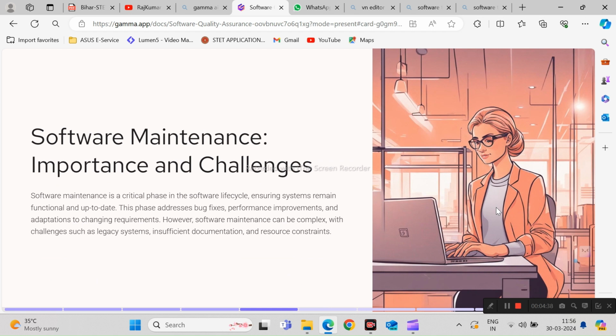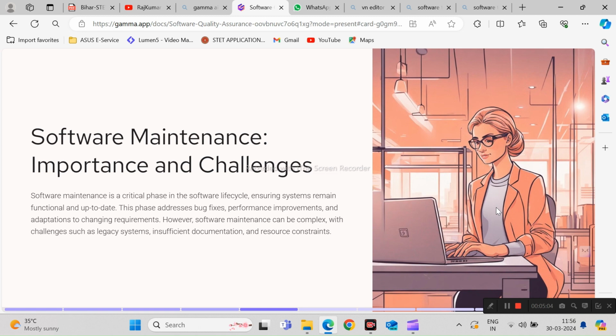Software maintenance is a critical phase in the software lifecycle, ensuring software remains functional and up to date. This phase addresses bug fixes, performance improvements, and adaptation to changing requirements. However, software maintenance can be complex, with challenges such as legacy systems, insufficient documentation, and resource constraints.